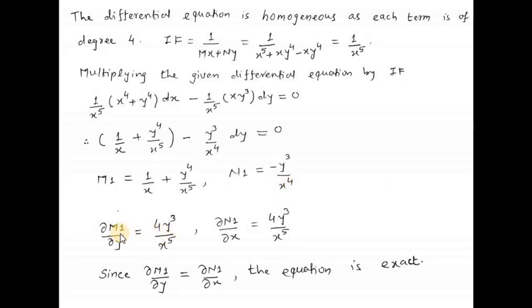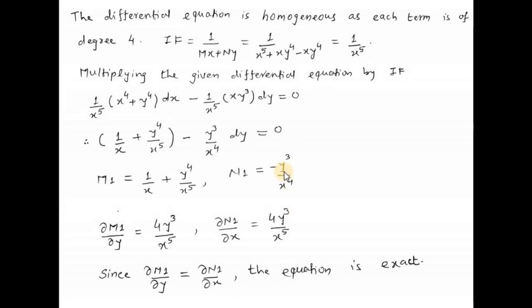Now we will find del M1 divided by del y. It will be 4y cube divided by x raised to 5, because x is a constant so the derivative of the first term will be 0, and the derivative of y raised to 4 is 4y cube, with x raised to 5 staying as it is. Now we find del N1 divided by del x.